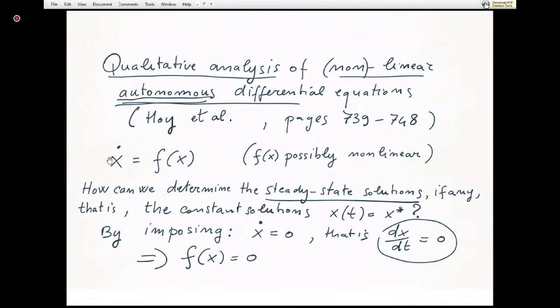That is, x dot is equal to 0. So we impose x dot equal to 0 here, and we solve f of x equal to 0. The solutions, not necessarily one, there can be multiple steady states, are the levels of the steady state solution. So it's an algebraic equation, f of x equal to 0.